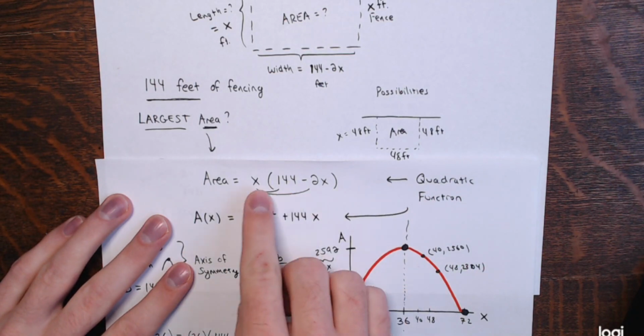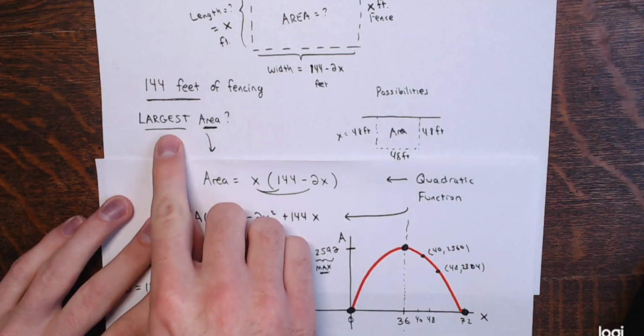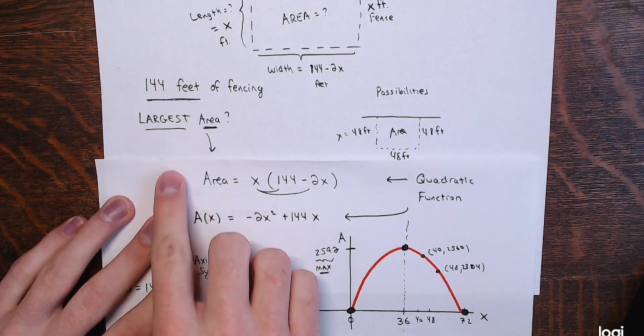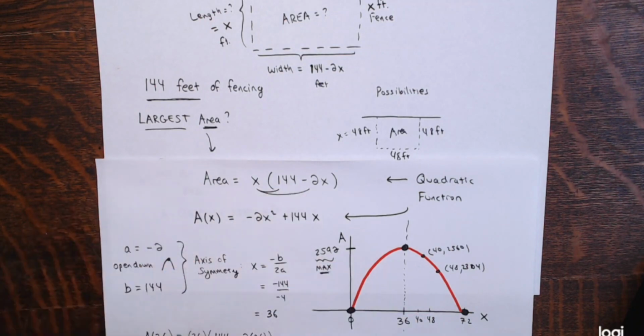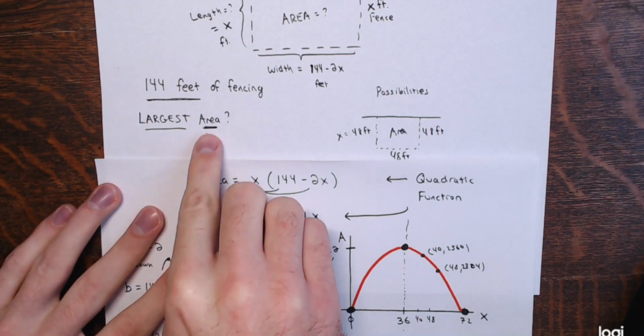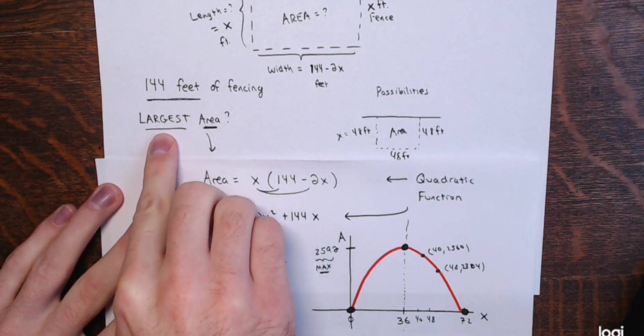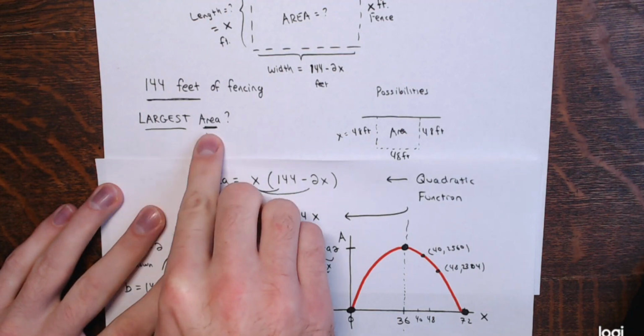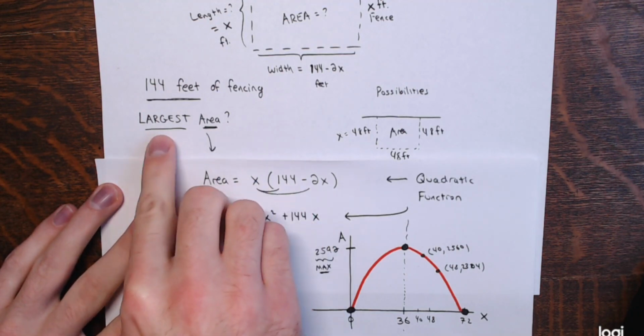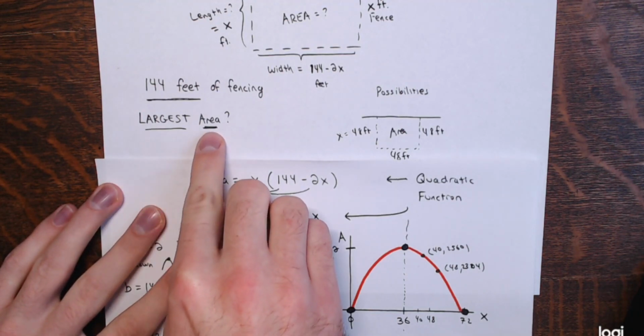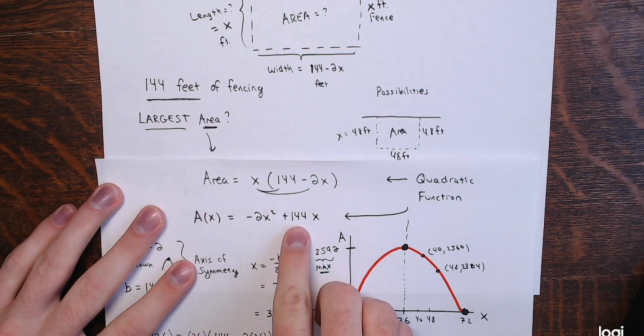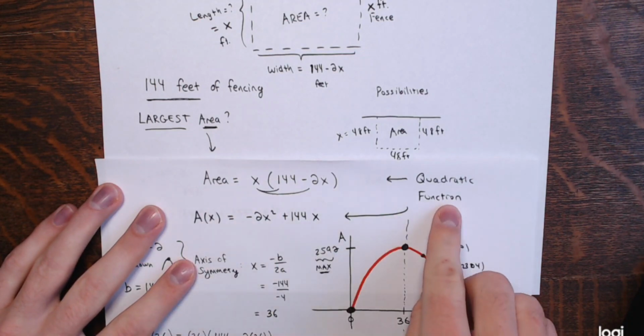And if it's a quadratic function that's opening down, you can find the largest value of it. If they wanted the smallest value of something, you're going to write a quadratic function that's opening up so that it has a smallest value, a lowest value. That's the goal for all these. If they ask you to find the largest something or the smallest something, the maximum something, the minimum something, you're going to end up trying to write an equation for that something that's a quadratic function.